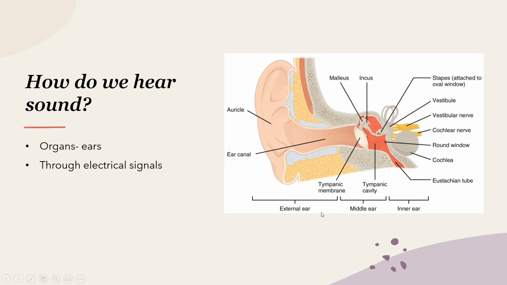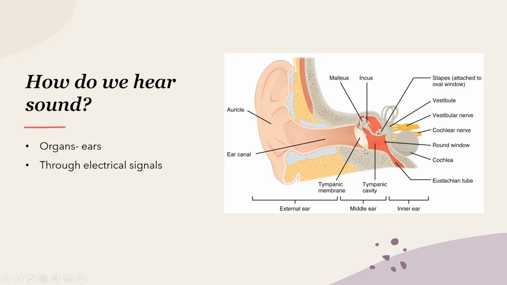When sound waves are transmitted to the ear, they are first collected by the funnel-shaped outer ear, the auricle, which is also called the pinna. It directs the sound waves through the ear canal, which is this specific part of your ear, to the eardrum.